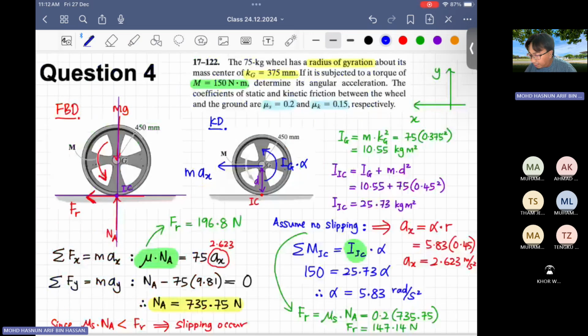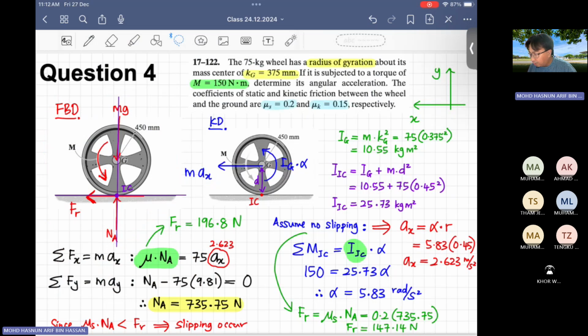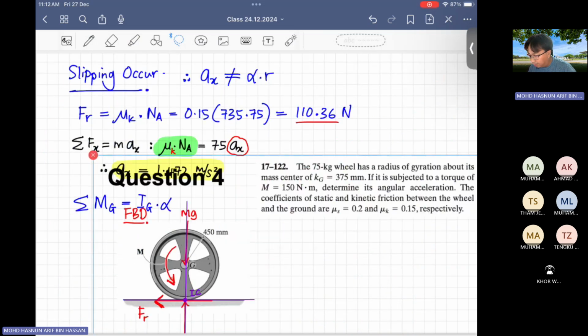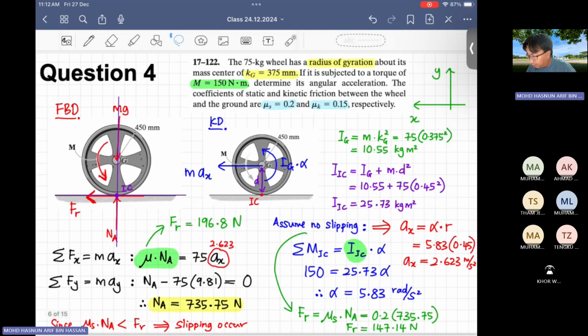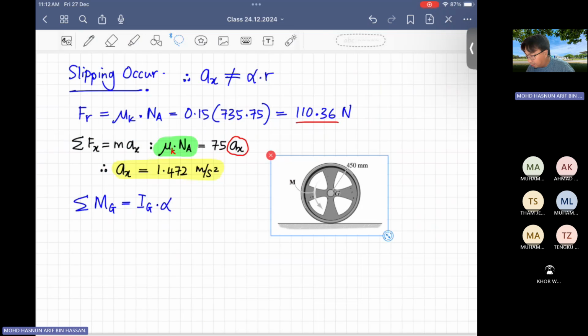And let's copy this free body diagram so we can visualize the moment that we have about point G. Okay, paste it here.